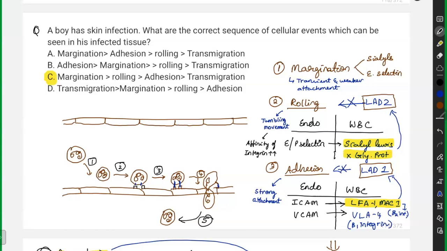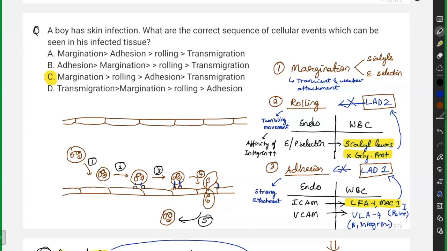Integrin is of two types. Beta 1 integrin is there. Beta 2 integrin is there. Beta 1 integrin attaches to VCAM. Beta 2 integrin attaches to ICAM. Okay, ICAM, VCAM. Clear?